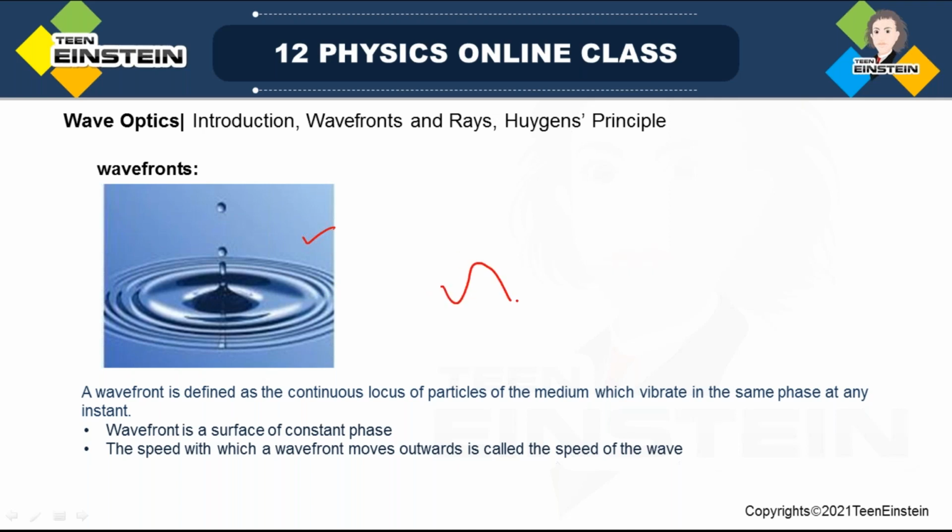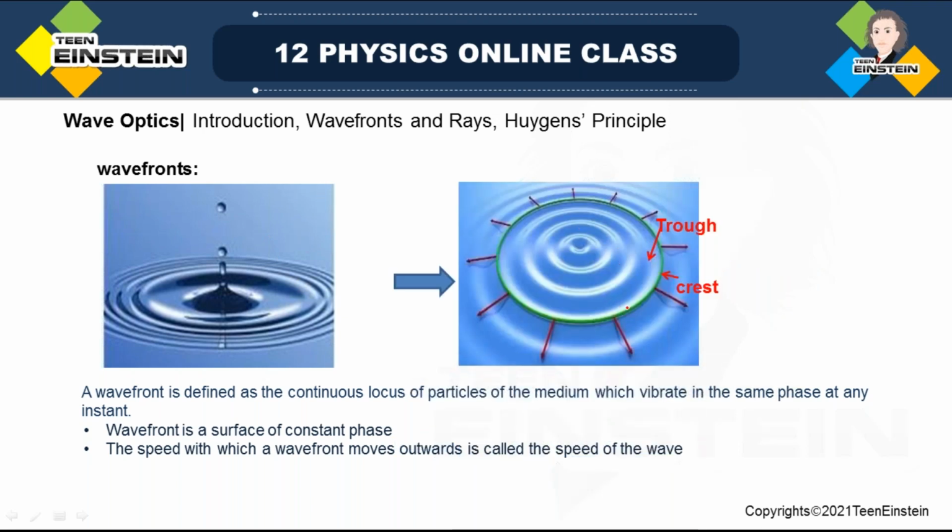So this is called a disturbance or wave created at the point of impact, and this wave is traveling in the shape of circular patterns. Look at this figure, the same thing, a little magnified.